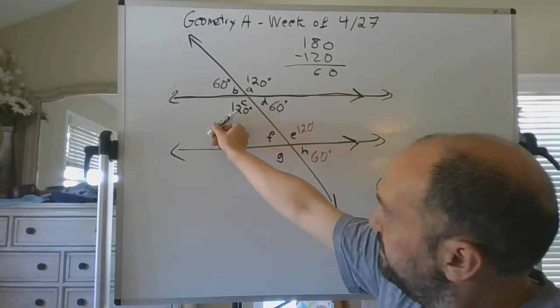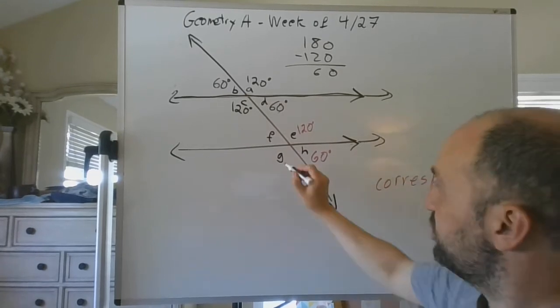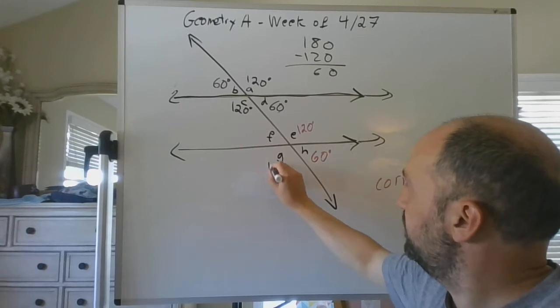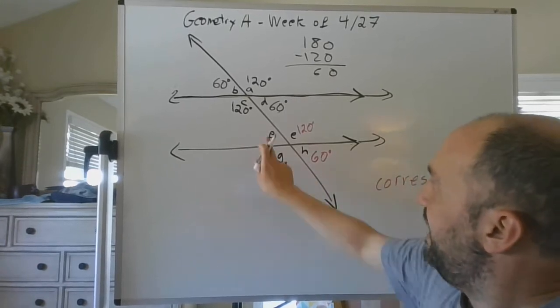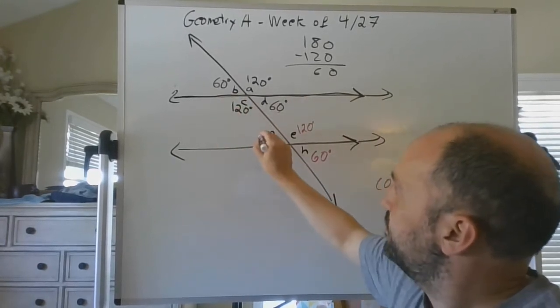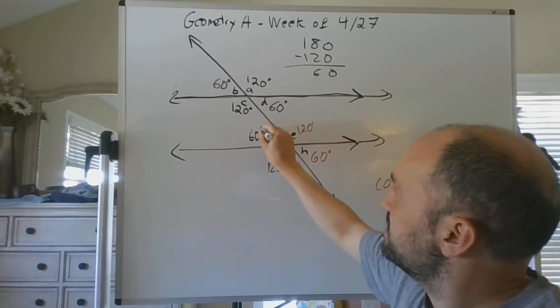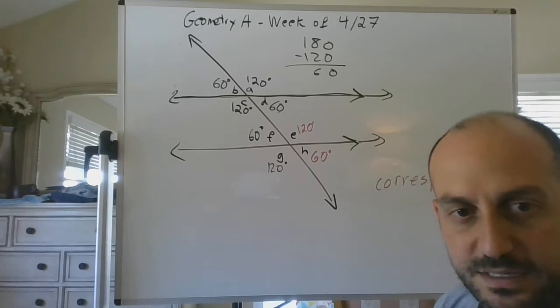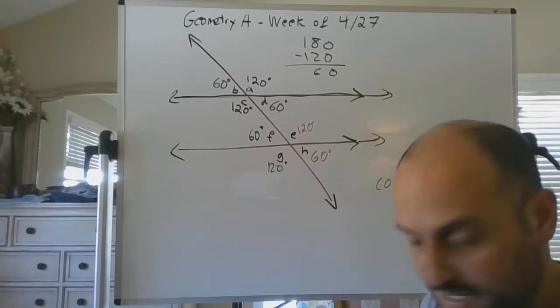Bottom left, that's C. So G and C are corresponding angles. If they're corresponding angles, that's 120, that's 120. F corresponds with B. So if B is 60, this is 60. If you notice, this and this are literally just a copy of each other. I'm just copying it top and bottom. So corresponding, that's another big name.